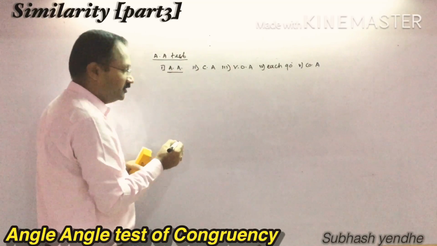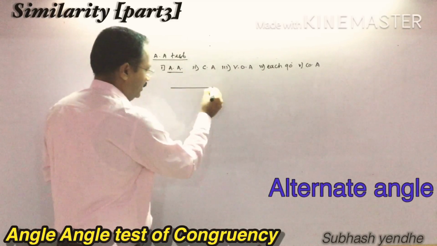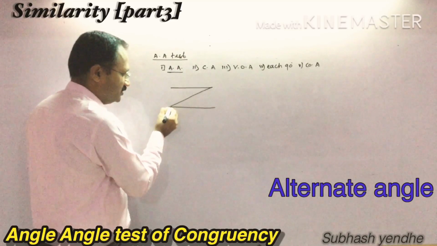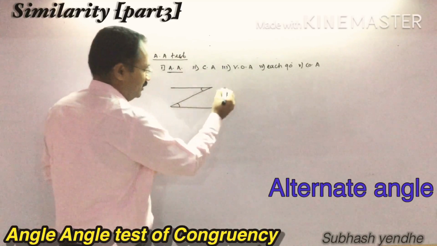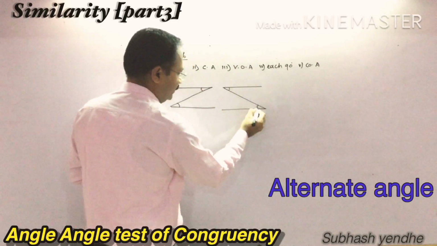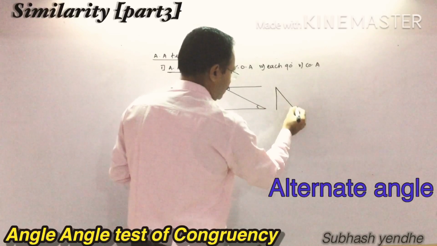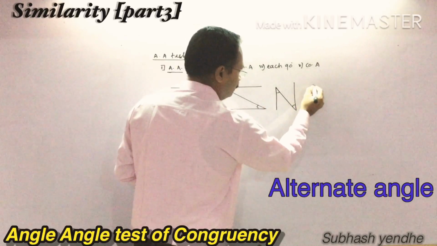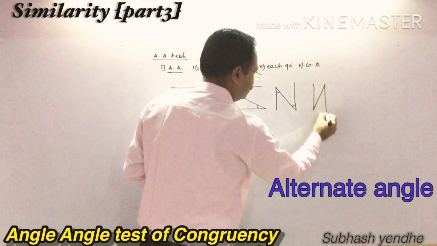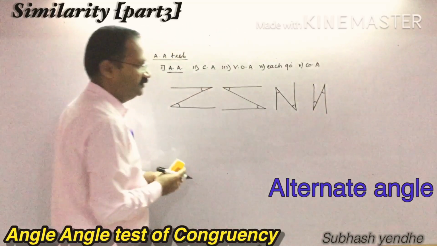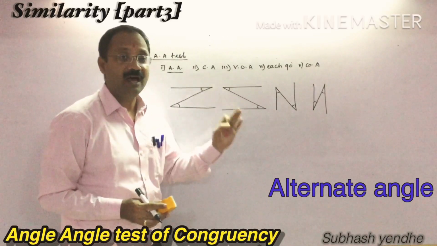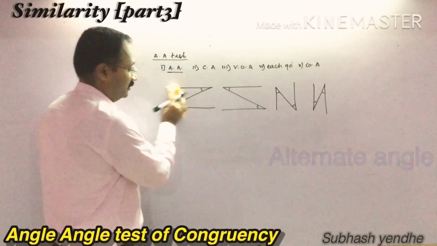When the alternate angles come, you know it well. If the two lines are parallel and a transversal makes a shape like this, either like this, or like this, these are the alternate angles. But it has a condition that the lines should be parallel.